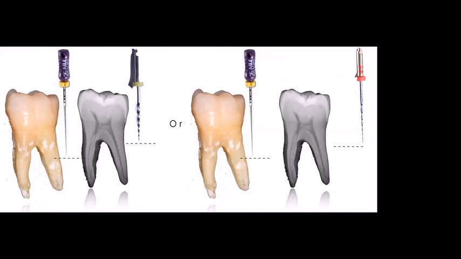Another way to do it is, instead of using the 1712, we can use the 2506. But the most important part, independently of whether you use the 2506 or the 1712, is to use a brushing motion against the outer part of the root canal.